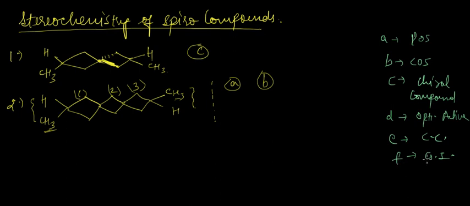Okay, F is C2, I can replace F with C2, and G would be GI, geometrical isomerism. So apart from A and B, can we have G and F as well? Yes, it can show geometrical isomerism, and it will show geometrical isomerism.